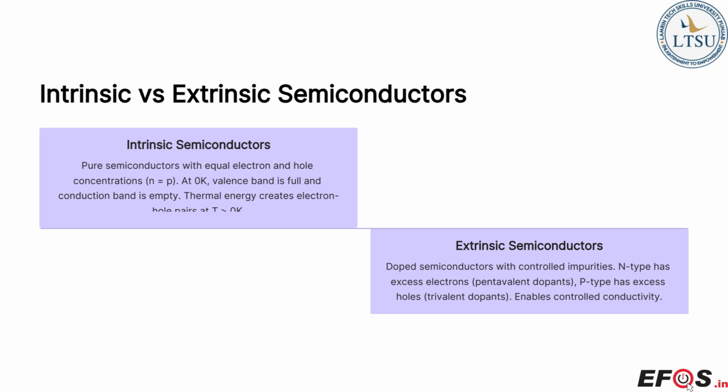These are created by doping the intrinsic material with controlled impurities. Co-adding pentavalent dopants creates N-type semiconductors with an excess of electrons. Co-adding trivalent dopants creates P-type semiconductors with an excess of holes. This process of doping allows for the precise, controlled conductivity necessary to build all electronic devices.